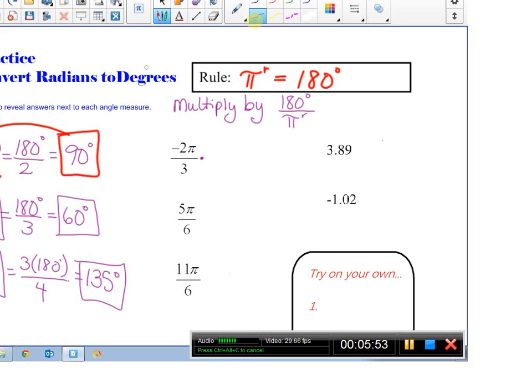Because if my given is radians, and I'm multiplying by degrees over radians, that means I'm left with degrees. So I'm going to try that strategy for these next few. 180 over pi. You can see in this case the pi value cancels. I can even reduce 3 into 180 and get my answer, negative 120 degrees.